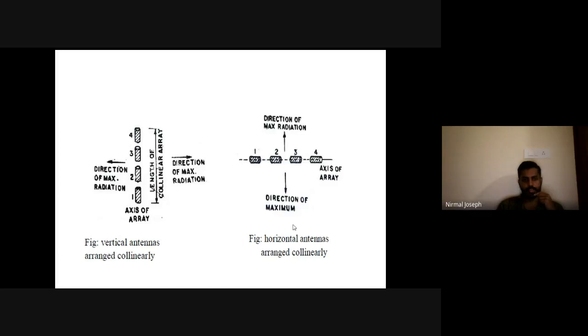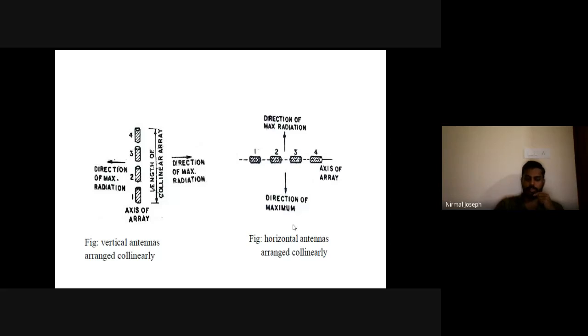So their direction of maximum radiation will be perpendicular to the array axis, and it is marked accordingly. In the right hand side picture, the arrangement is the same but horizontal rather than vertical. The antennas are placed horizontally, and the direction of maximum radiation is shown accordingly. It will always be perpendicular to the axis of the array.